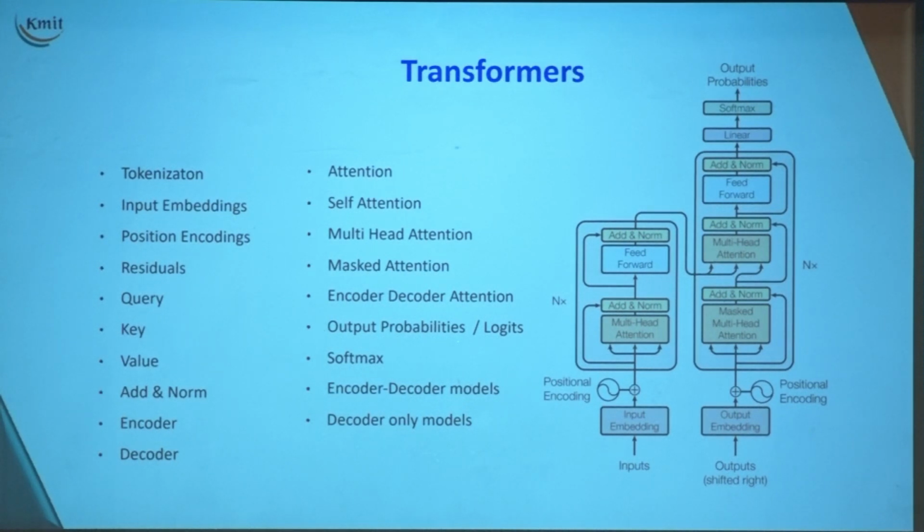Okay. So giving this connection of add and norm from the input to the output of multi-head, or from the input to the output of feed forward, is called residuals. Okay. So we have seen tokenization, input embeddings, position embeddings, residuals, query, key, value, add and norm, and encoder. So today in the class we will discuss the decoder block.